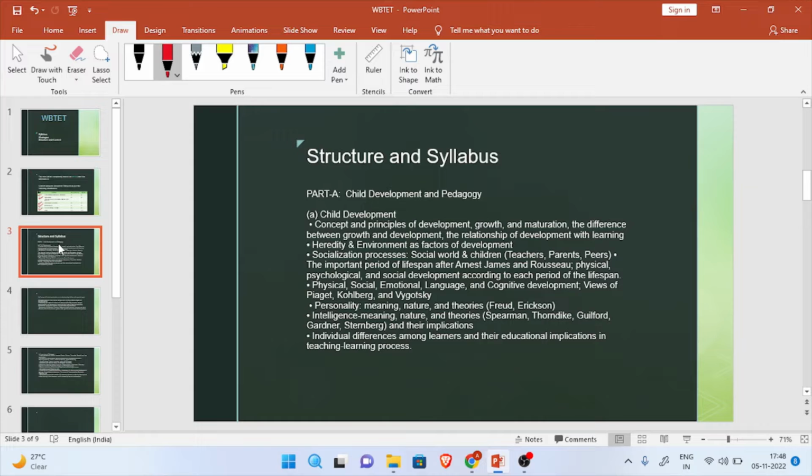Within child development and pedagogy, there is child development. Under child development, there are principles of development, growth, maturation, difference between growth and development, heredity, socialization, Piaget's theory, personality, intelligence.